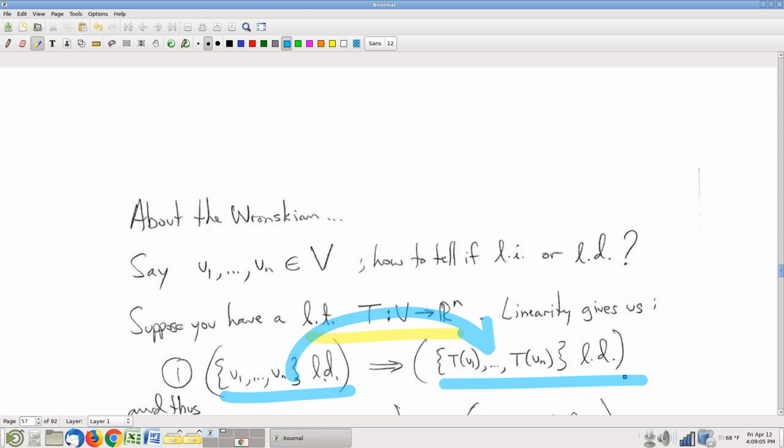What will fall out into your lap is an explicit relation between these output vectors that proves that the outputs are dependent. So I want y'all to fill in the blanks. That's a very accessible problem. Of course, as always, if you get stuck, ask me after class, discussion section, office hours, all the usual options. And this is going to end up being the big tool that we'll use to define the Wronskian.